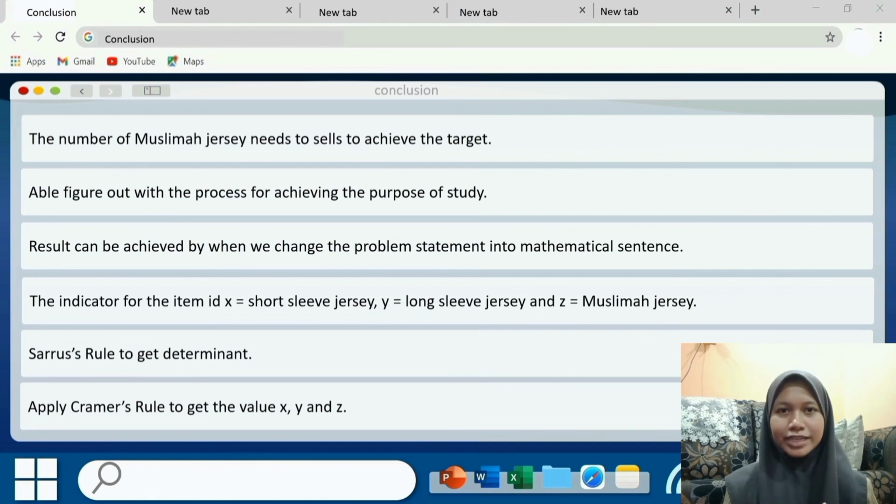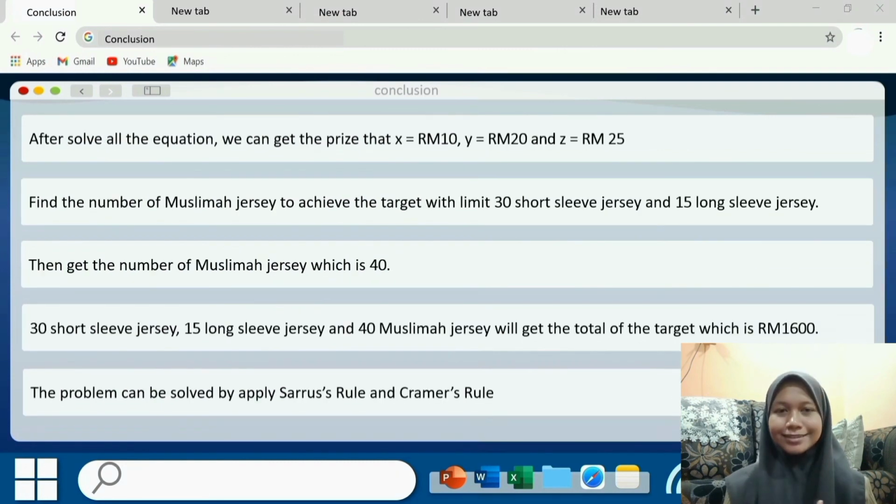Sarrus' rule to get the determinant. Apply Cramer's rule to get the values of X, Y, and Z. After solving all equations, we get the prices: X equal to 10 ringgit, Y equal to 20 ringgit, and Z equal to 25 ringgit.